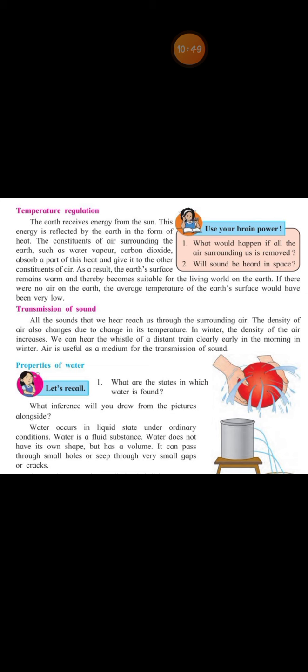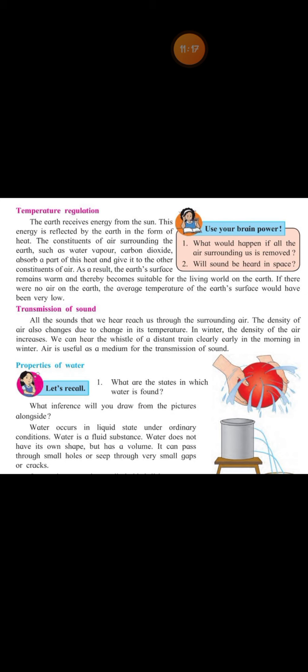The constituents of air surrounding the earth, such as water vapor and carbon dioxide, absorb a part of this heat and give it to other constituents of air. As a result, the surface of our earth remains warm, and therefore it is suitable for all the living world to live on earth.